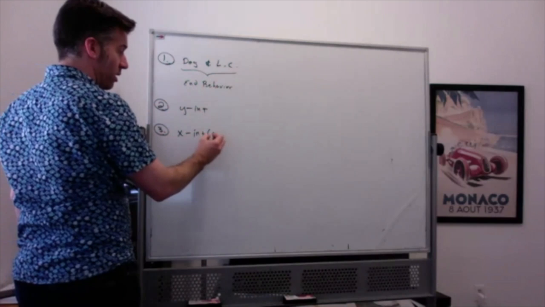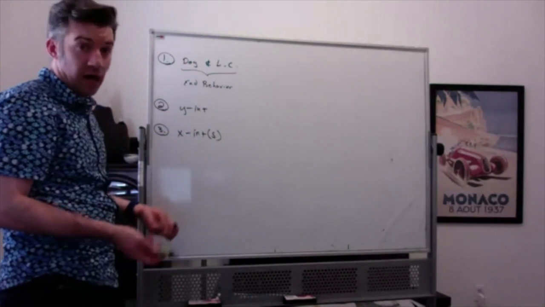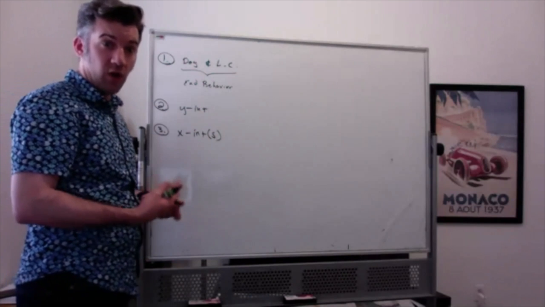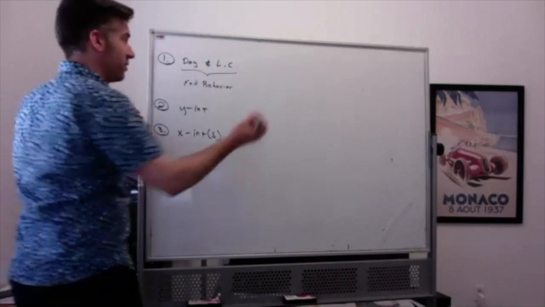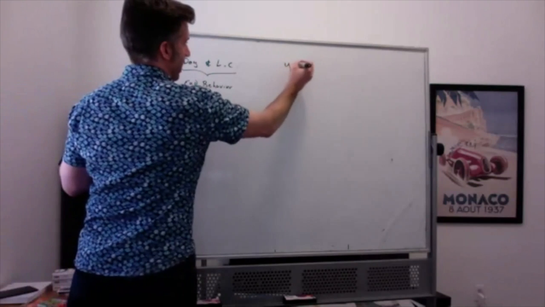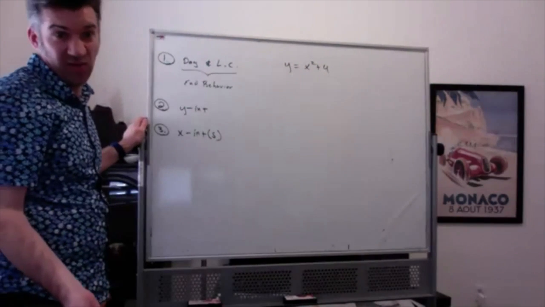There could technically be none. It's definitely possible to have no x-intercepts, like if you have a parabola that's shifted up. For example, y equal to x squared plus 4 wouldn't have any x-intercepts.